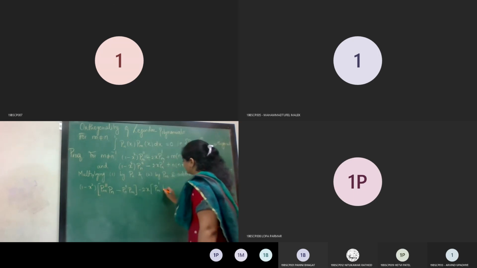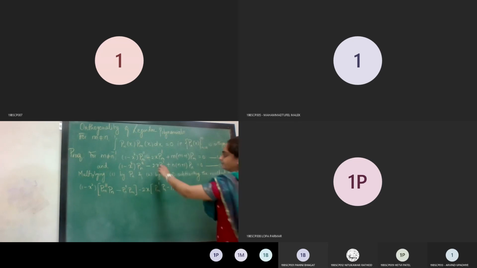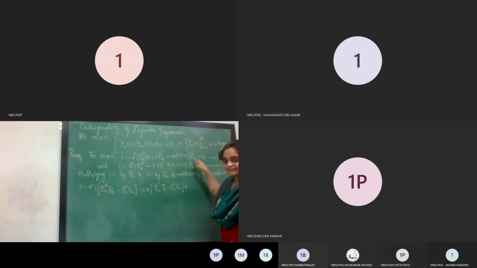Pm dash into Pn minus Pn dash into Pm. Yes, since we are subtracting, that's why we have the negative sign. Then you can write in this way, plus, from here you can see that Pm into Pn, Pn into Pm, that quantity will be common, and let us consider the subtraction of this. This is nothing but m square plus m minus n square minus n, into Pm Pn, is equal to 0.